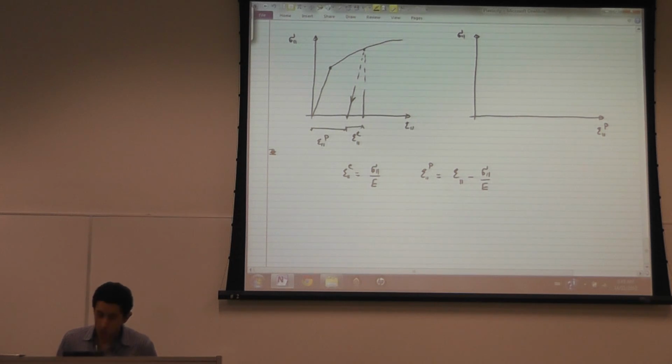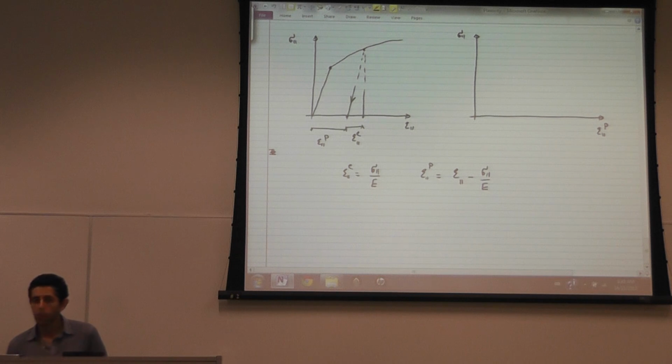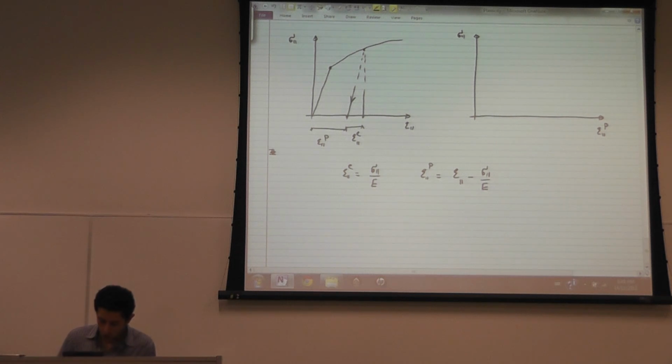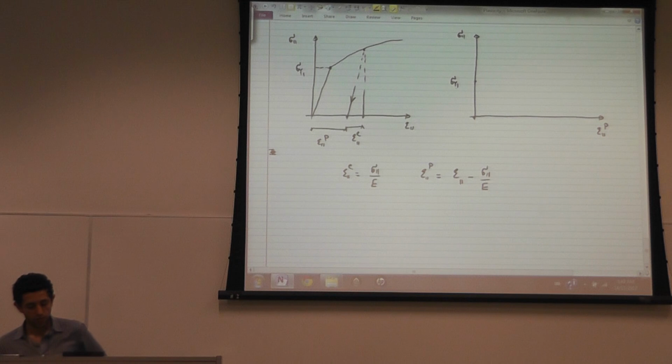Before the initial yield, there's no plastic strain. So I'm going to call this sigma yield 1. As the stress increases from 0 up to sigma yield 1, nothing happens.